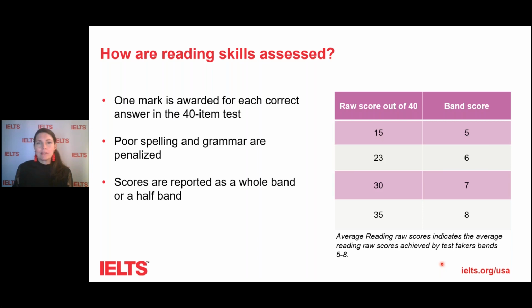I think this is important to remind yourself when you're taking the reading test, because it can be stressful when you don't know the answer to a particular question. We have to have an ability to identify that 8.5 student from a 9.0. So there definitely will be questions that you cannot answer, and that's okay. So keeping in mind that you don't have to answer every one correctly is important. You also do not get counted off for mistakes, so it's better to guess than to leave something blank.